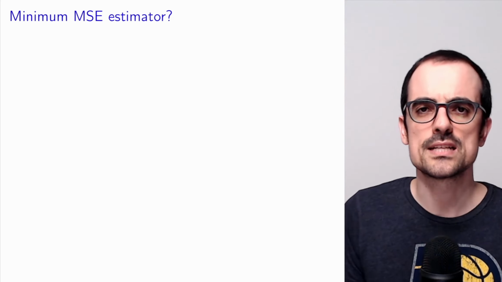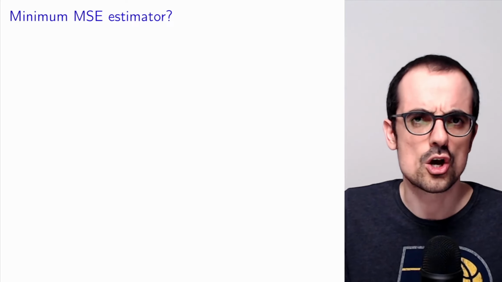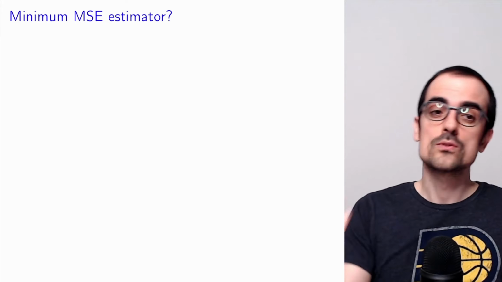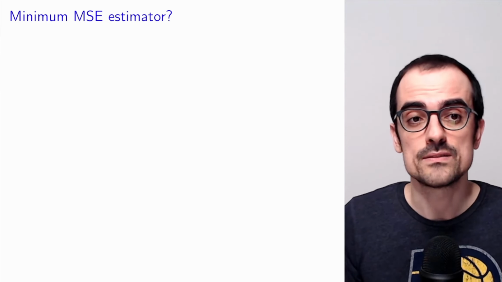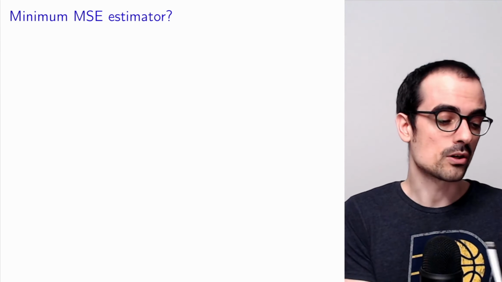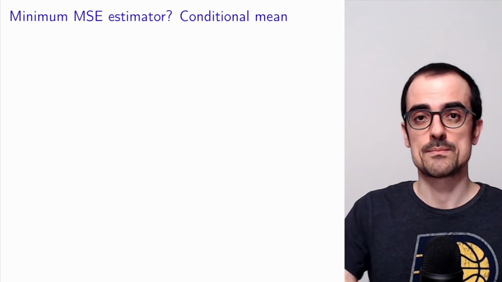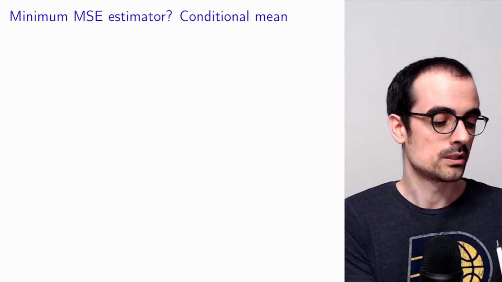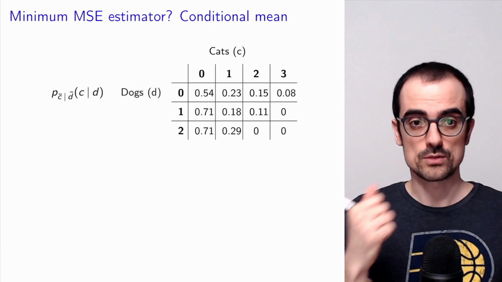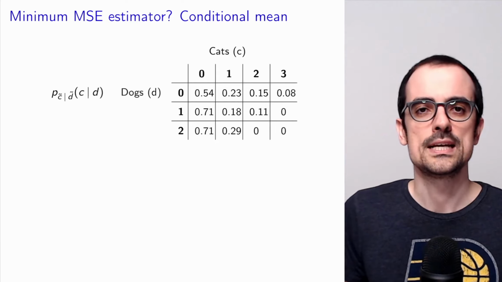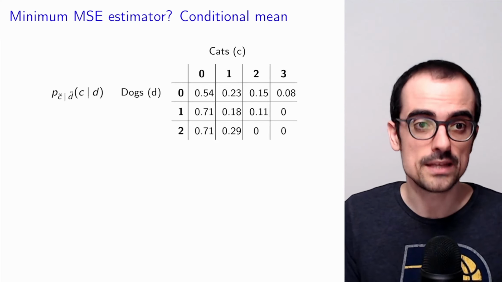Now we could ask ourselves, is this linear estimator optimal? Well, not necessarily. We already proved when we talked about the conditional mean that the optimal estimator in terms of MSE is the conditional mean, in this case of the number of cats given the number of dogs. We already derived this estimator in the video on regression using the conditional mean.